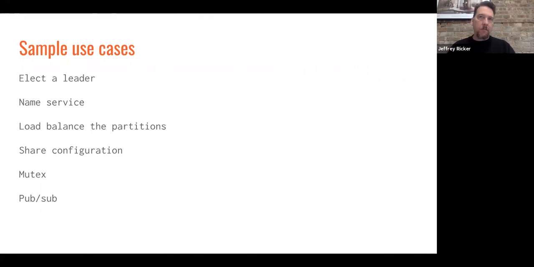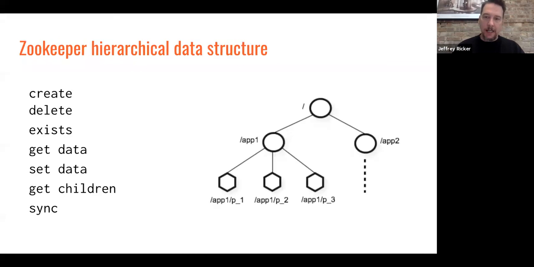So think of this way. If I had a node with a bunch of children, and each child represents a partition, then I can have each one of the participants in my system grab a partition.